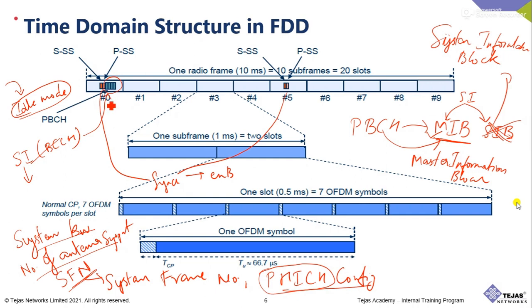Now, how many OFDM symbols is it taking? It is taking 4 OFDM symbols, and it comes only once in a frame. Where is it positioned? I think I had drawn that here also.